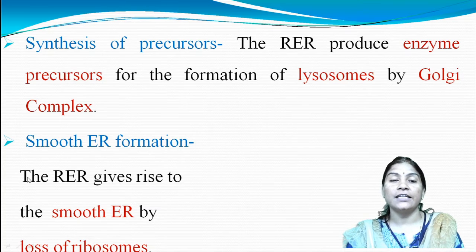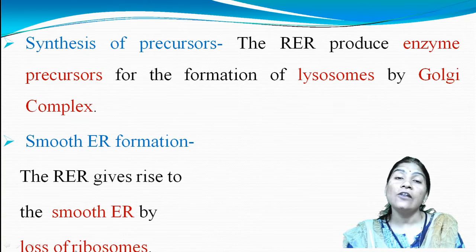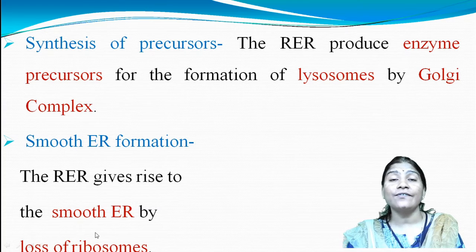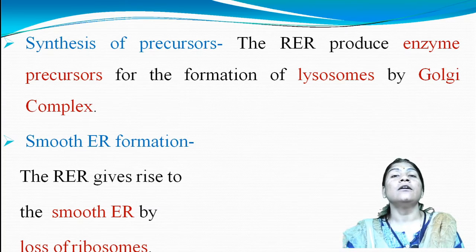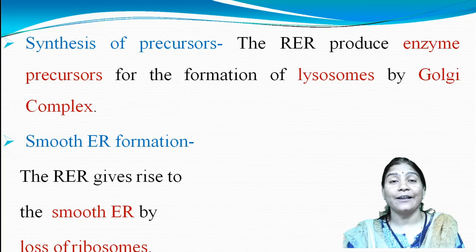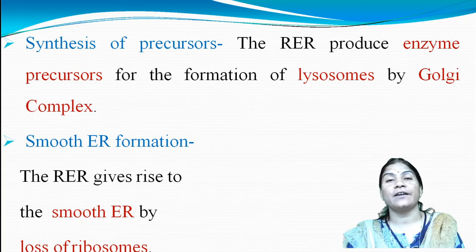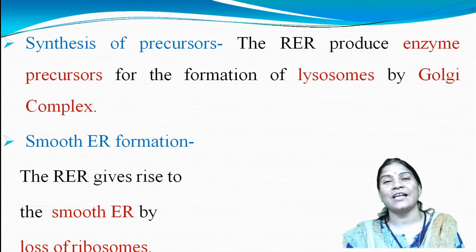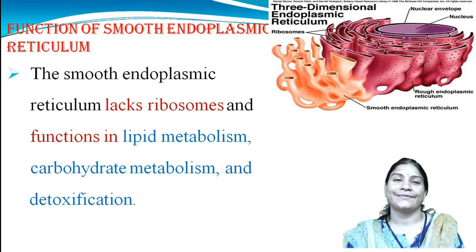When the rough endoplasmic reticulum loses or detaches its ribosomes, the membrane surface appears very smooth, and hence the smooth endoplasmic reticulum forms from the rough endoplasmic reticulum.